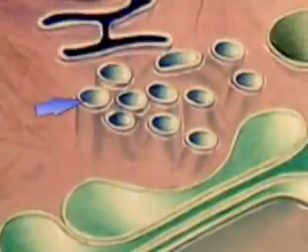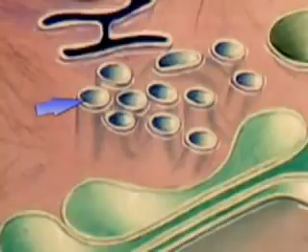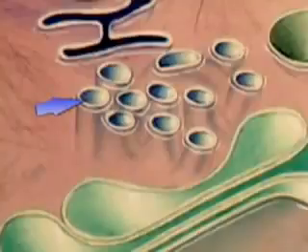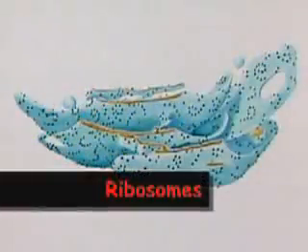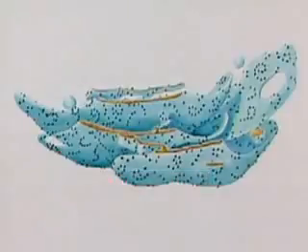Like rough ER, smooth endoplasmic reticulum serves as a storage area, mainly for proteins that will later be exported out of the cell.